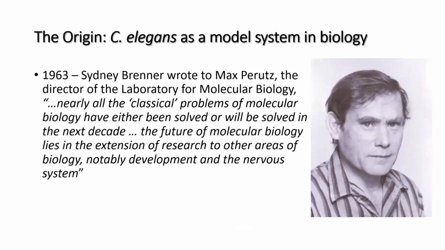how C. elegans came to be a model system in biology. This goes back to the early 1960s, and Sydney Brenner was one of the early big names in molecular biology.